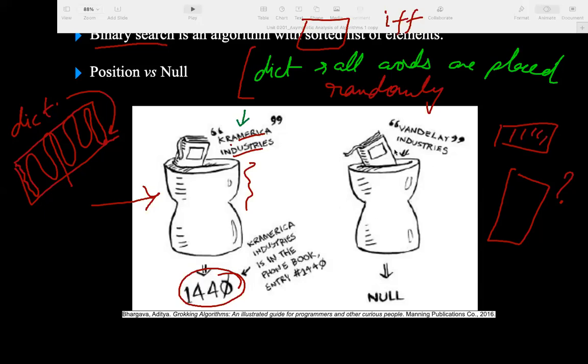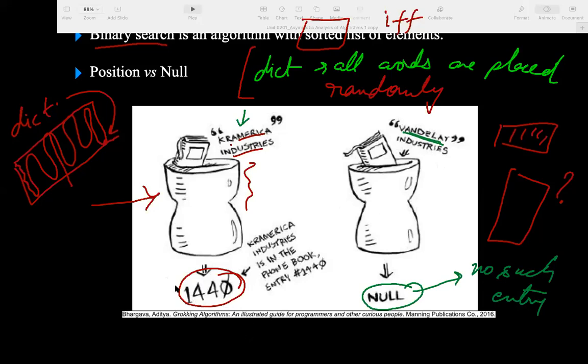For example, in the same book, we try to find Vanderlei Industries, and it is not there. So we'll get null. Null is going to indicate that there is no such entry, right? There could be only two possibilities: either we find it or we don't find it.